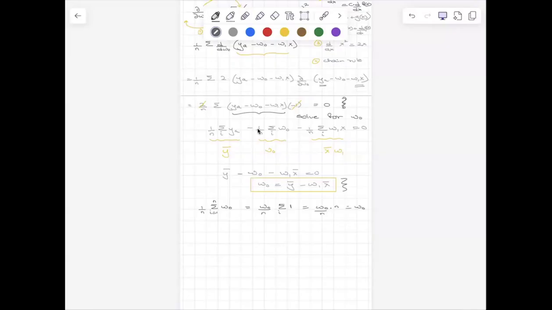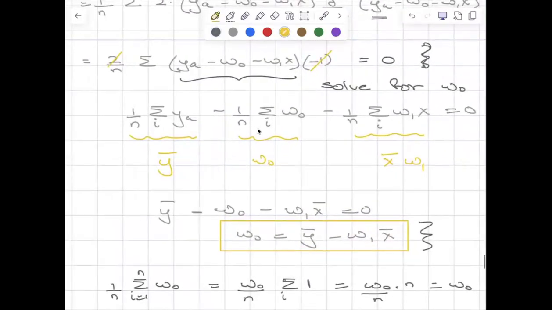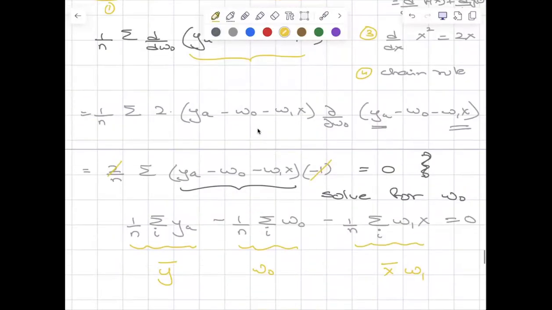Now the challenge out here is it is in terms of W1. So we also need to find the minimum value of W1, and we can follow the same steps. You see out here how I got -1 for the derivative of this term. If I take the derivative with respect to W1, instead of -1, I'll get -x.